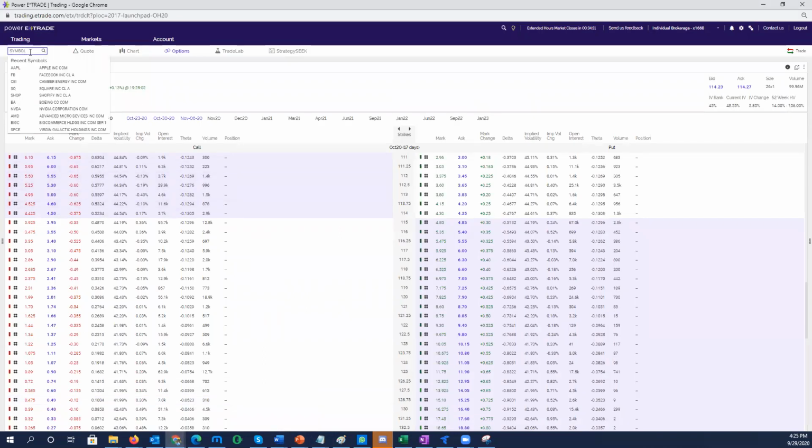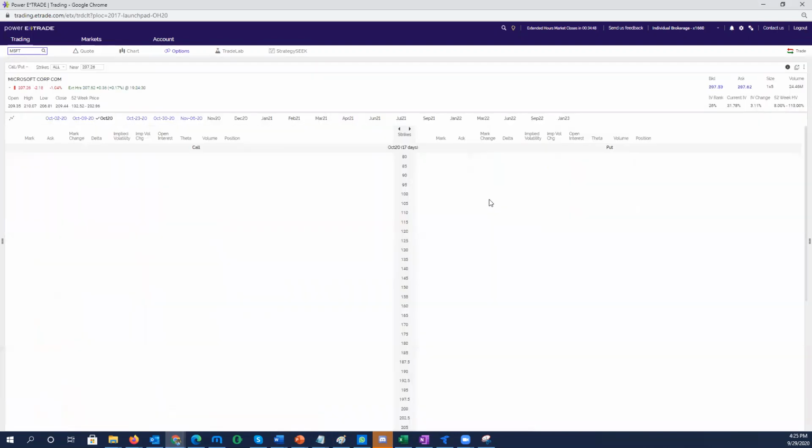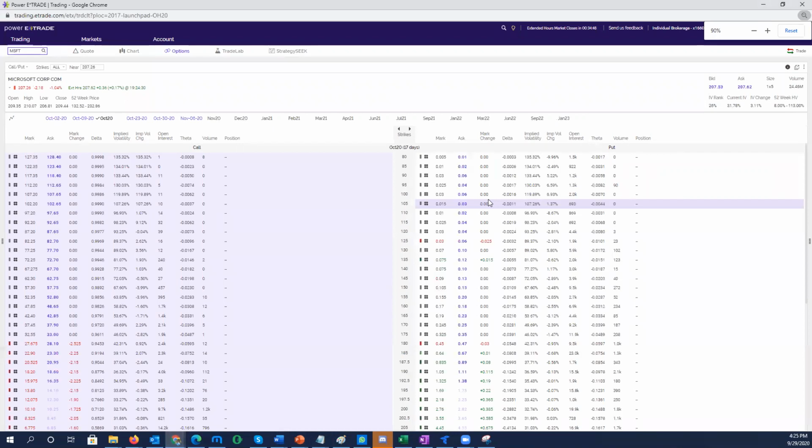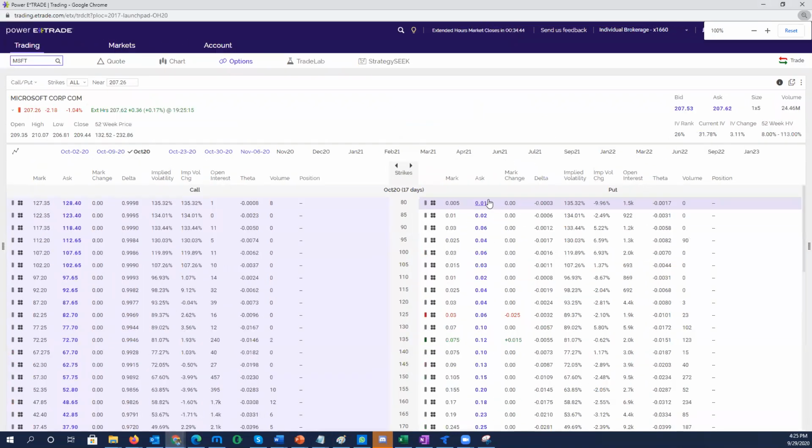Because we are discussing this. So this is real time right now. Microsoft is trading at 207.26.